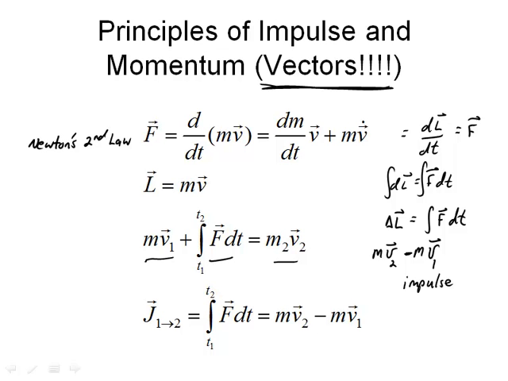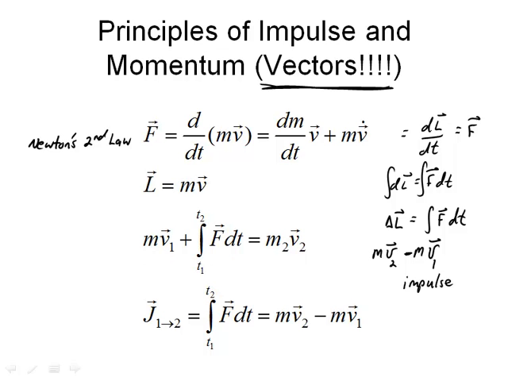The change in momentum is also the integral of F dt. And so very simply, the impulse is either the integral of force with respect to time, if that's easy to do, you do it, or it's the change in momentum. It will be both, but one of them might be easier to find than another.